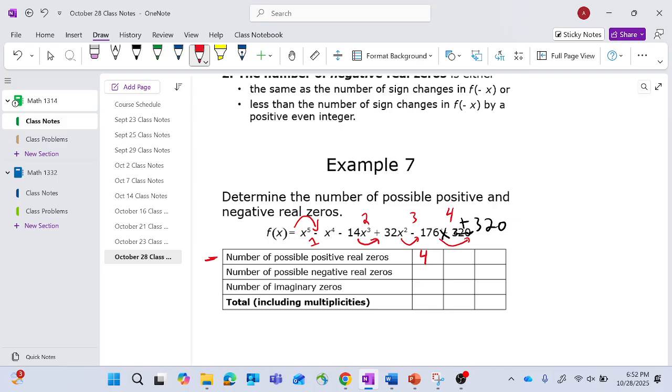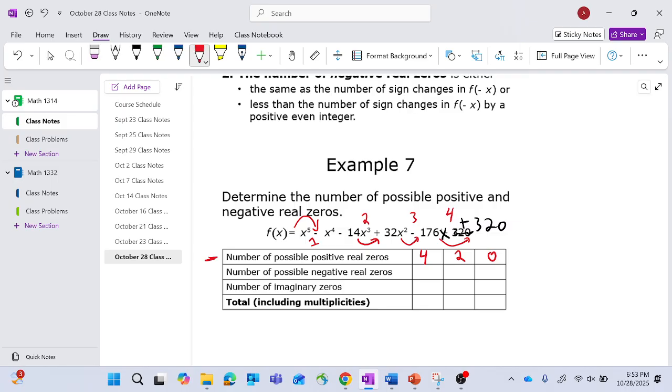So you have 4, or 2, or 0. Obviously, you cannot have a negative amount of anything, so you stop at 0. So for this polynomial, you can have 4 positive real zeros, 2 positive real zeros, or no positive real zeros.